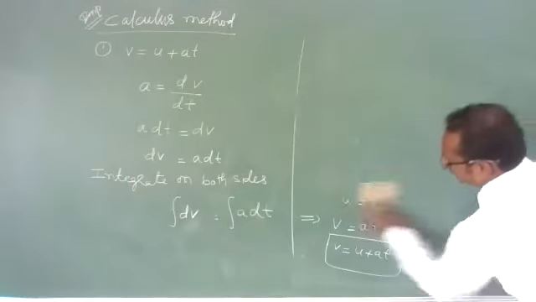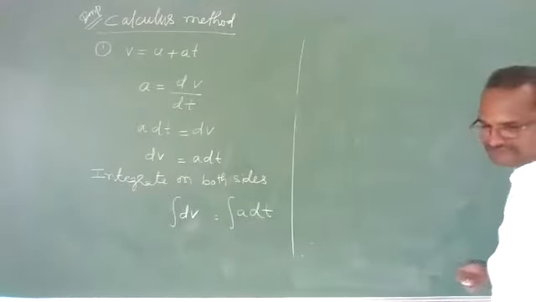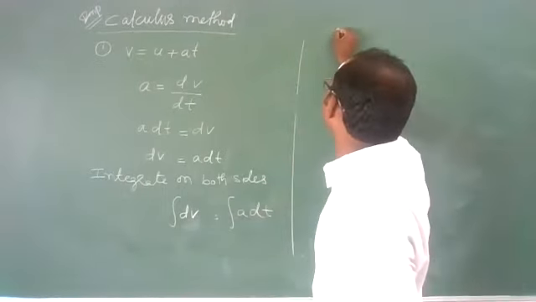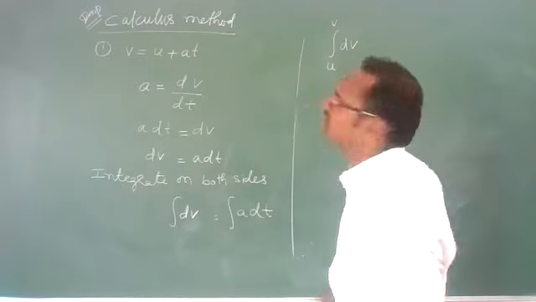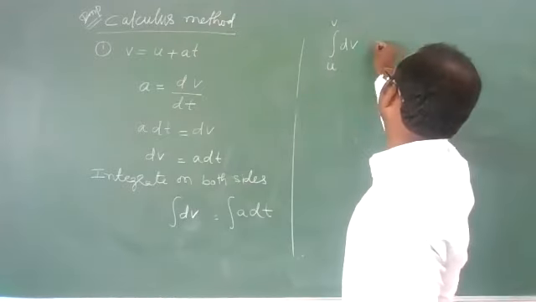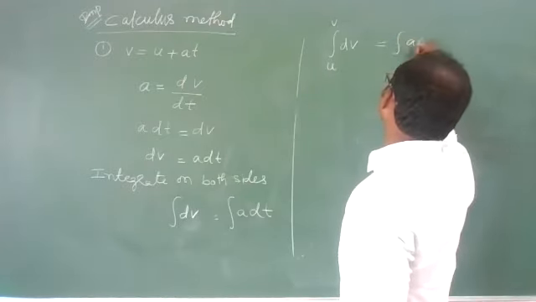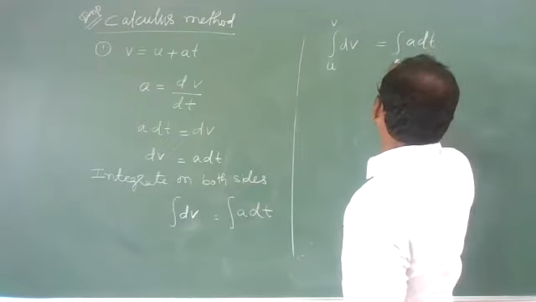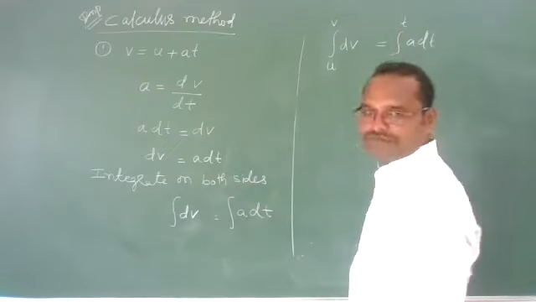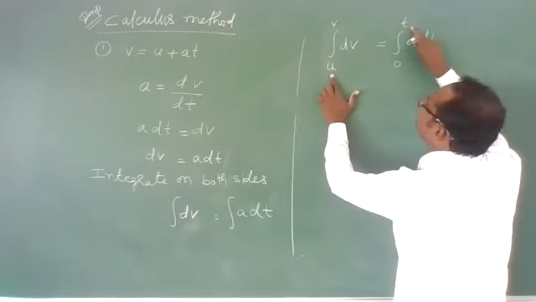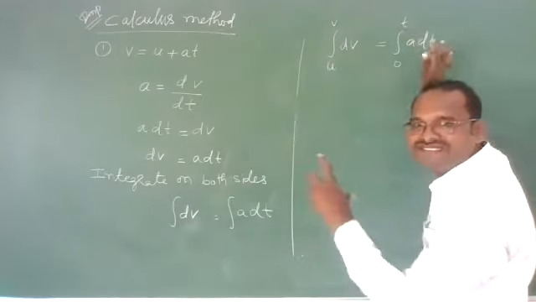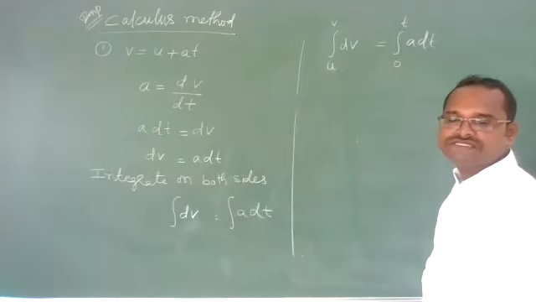So see here, now I am applying limits. Integration of dv, velocity changing from initial velocity to final velocity, is equal to integration of a dt, with time changing from 0 to t. When time is 0, velocity is u. When time is t, velocity will be v. These are the limiting conditions.